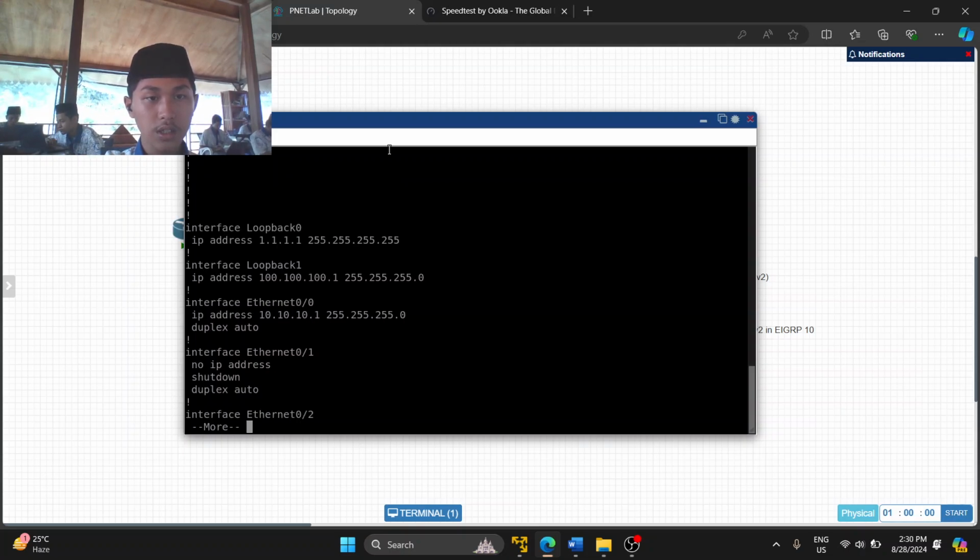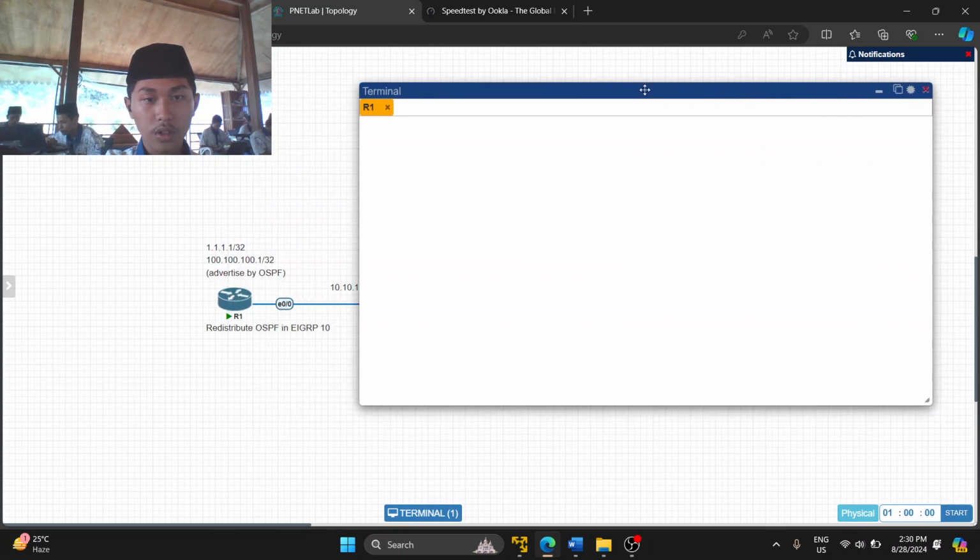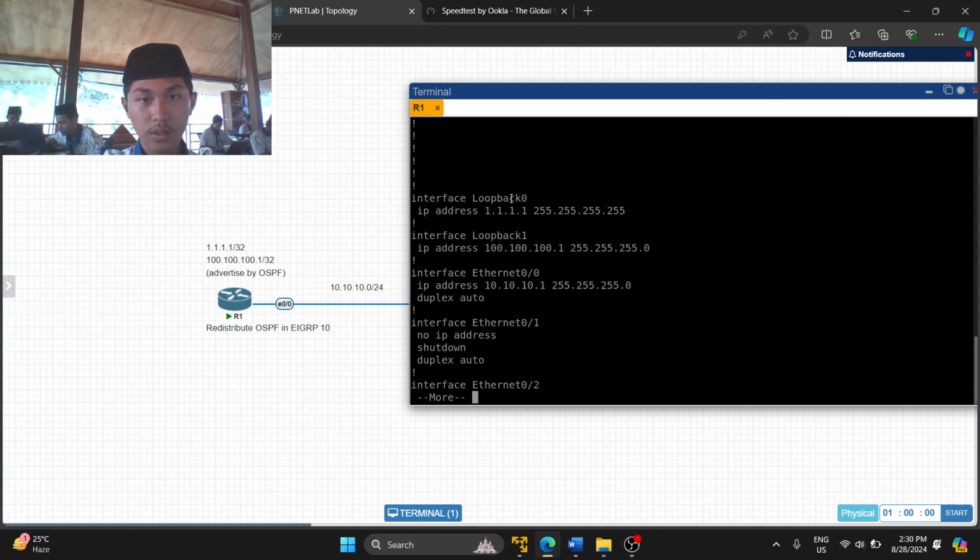As you can see here, for interface loopback 0, we have IP address 1.1.1.1 with the prefix 32. The subnet is 255.255.255.255. Then we have interface loopback 1 with the IP address 100.100.100.1, also with prefix 32.